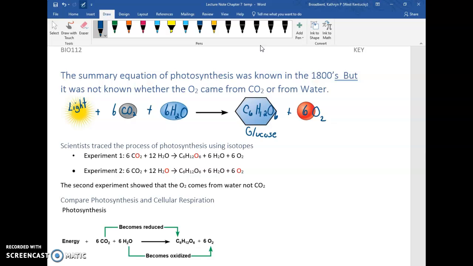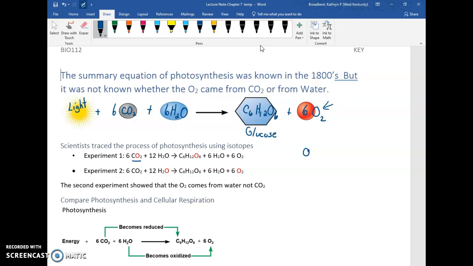But like I said, this equation was known for a long time, but they didn't know where this oxygen was coming from. So they did a couple of experiments. They found there's a radioactive form of oxygen. In the first experiment, they fed the plant radioactive carbon dioxide. That's why the oxygen here is in red.